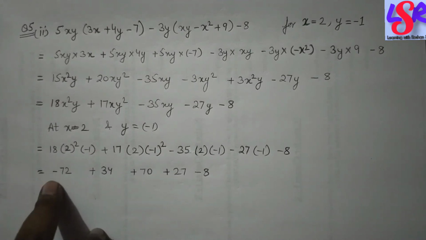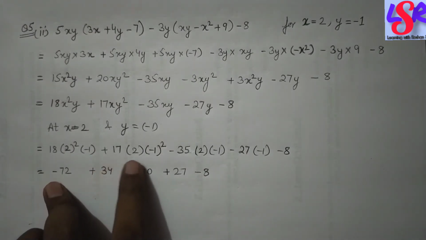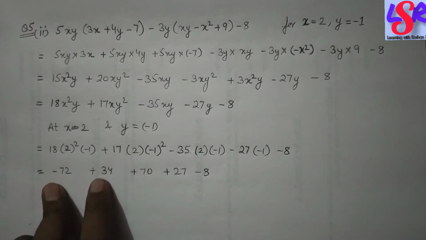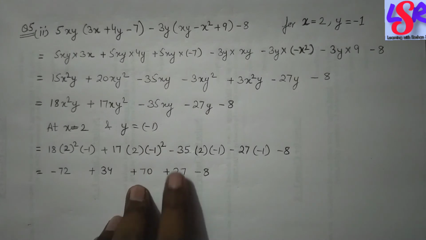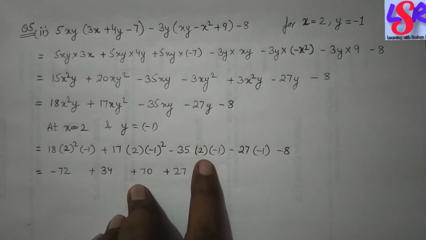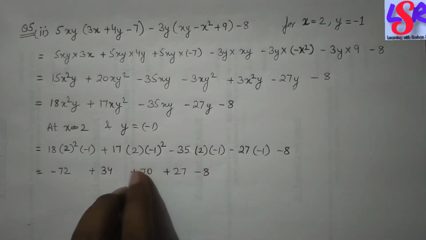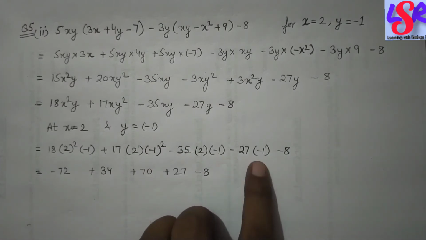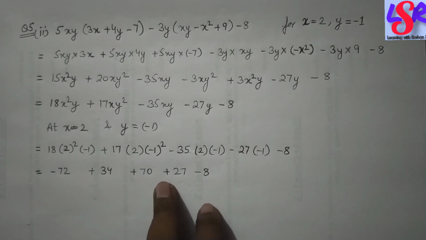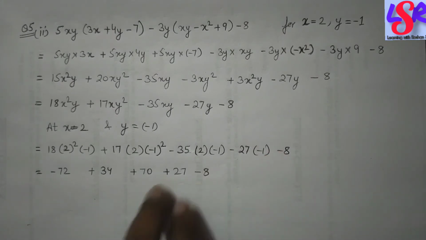And here we get minus sign. Then over here, 2 into 17, 34. And this will be positive because negative is having an even power. Then 35 into 2, 70. And minus minus will become plus, so we get 70. Then over here minus 27 into minus 1, that will be plus 27, and then minus 8 is just copied.